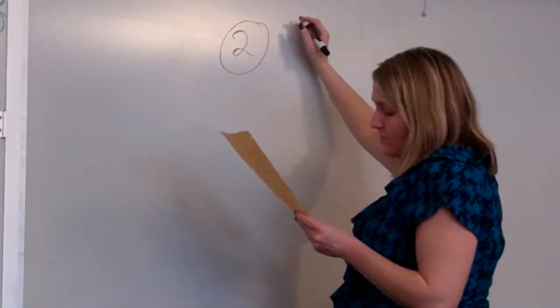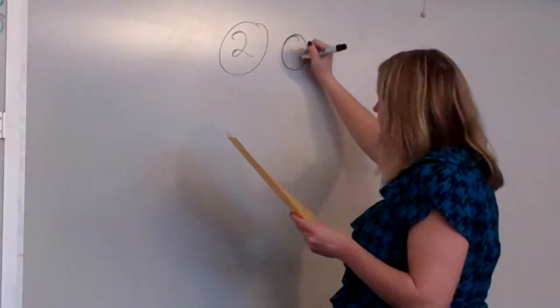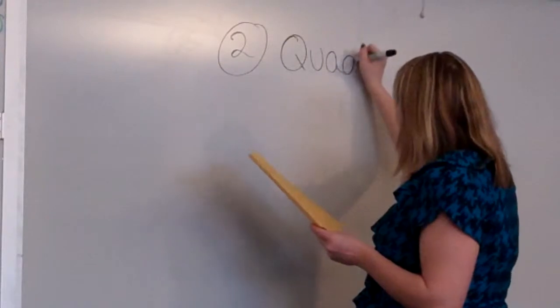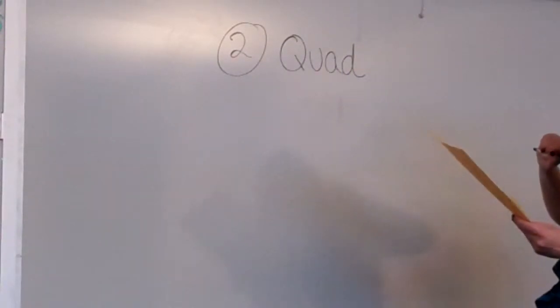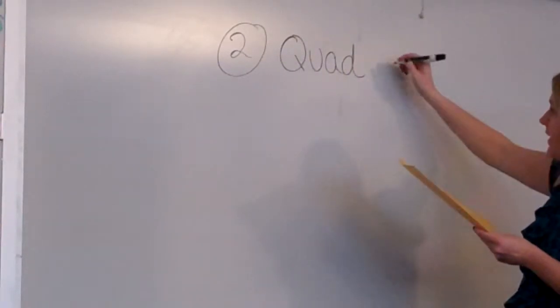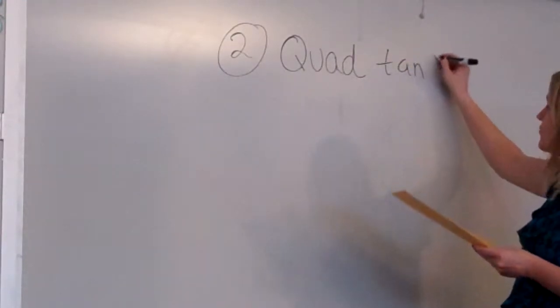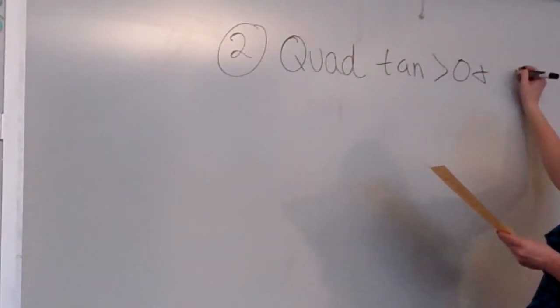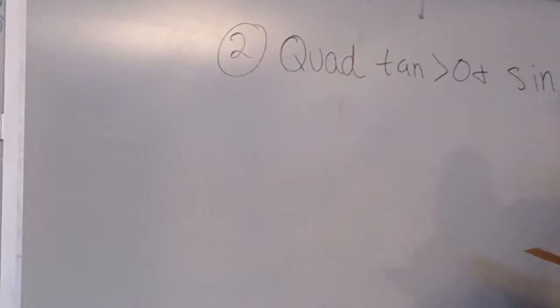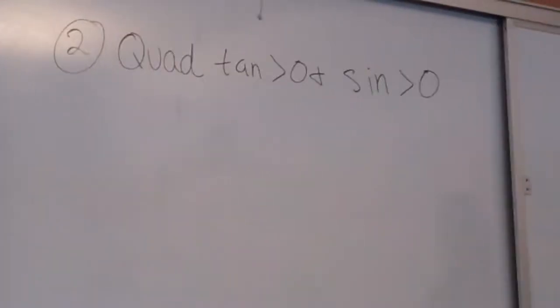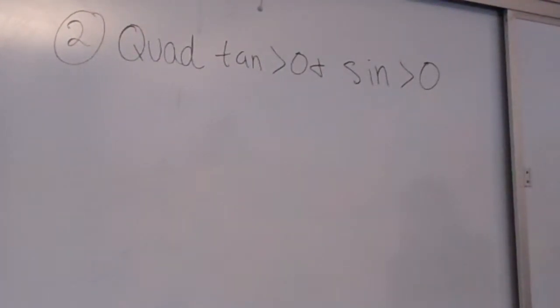Let's talk about the quadrant in which tangent is greater than 0 and sine is greater than 0. So, you need to figure out what quadrant, 1, 2, 3, or 4, is tangent greater than 0 and sine greater than 0.